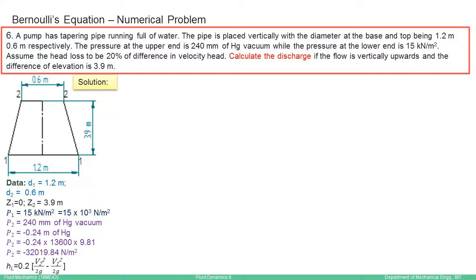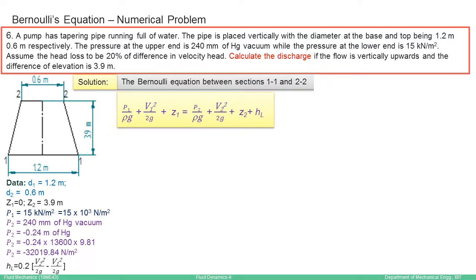So HL now is equal to 0.2 into v2 square by 2g minus v1 square by 2g. And remember this problem, it is expected to find out discharge. So we can't find out the velocities directly, but from Bernoulli's equation we'll have to find out v1 and v2, and we can use the continuity equation to find the relation between v1 and v2.